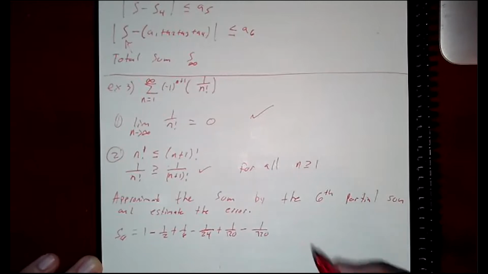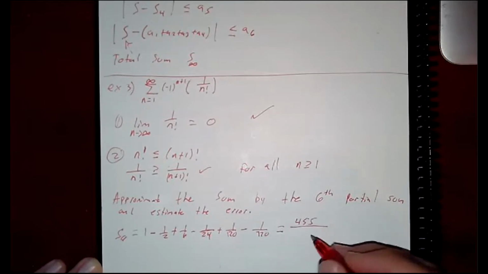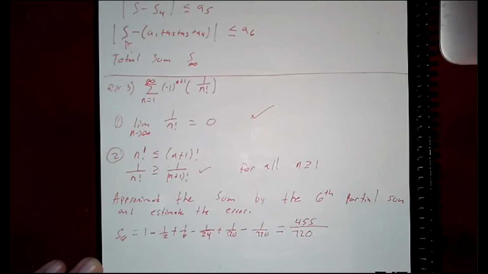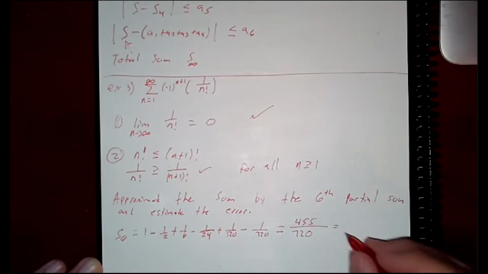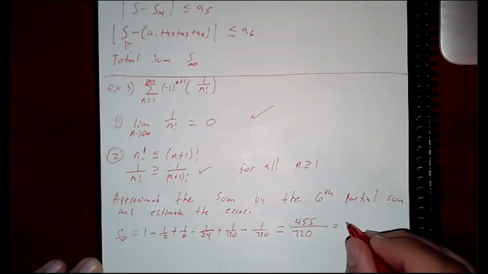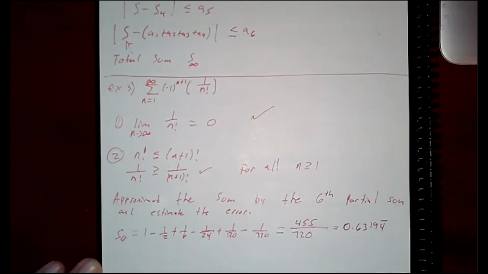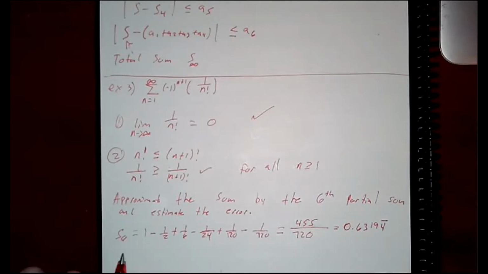So that would be about, I'm going to skip the fraction step just to save time. I believe you guys know how to do fractions. In a calculator, that would be 0.63194. So that's the 6th partial sum. They want to know the error of the 6th partial sum. That's what they're asking for.